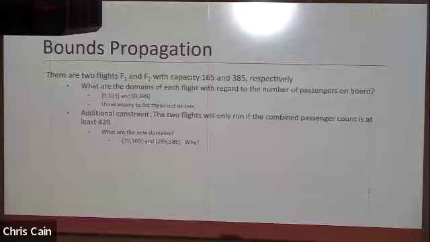As an example, we pick the 165. How many people would need to fly the other in order to run them both? The answer is 255. You pick the 385, how many need to fly on the 165 in order for that to happen? The answer is 35. The maximum of one and the minimum of the other add up to 220.